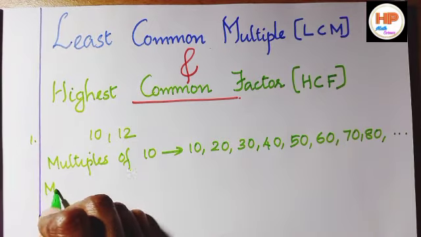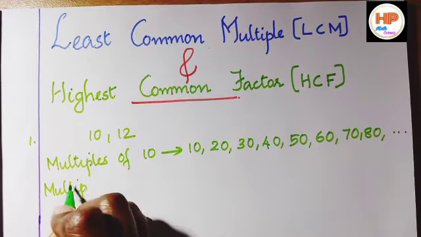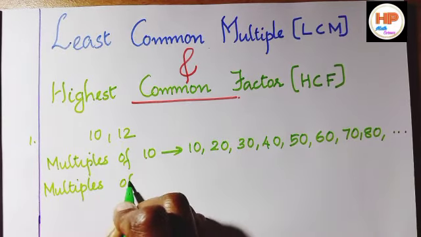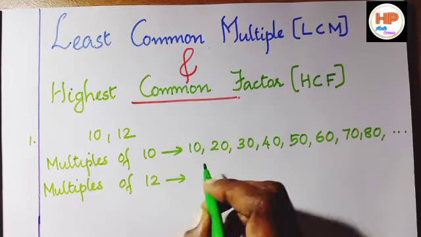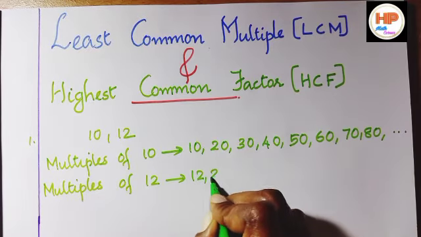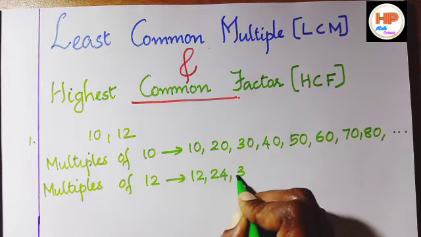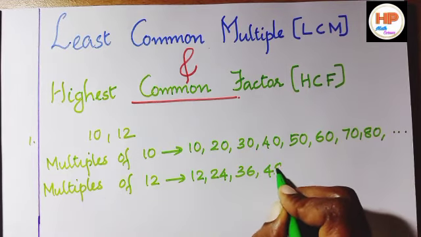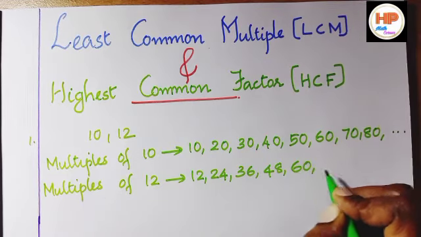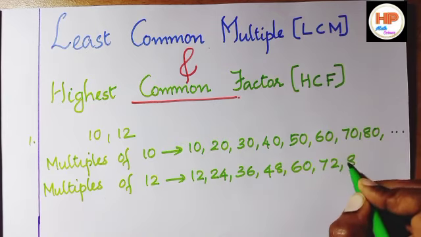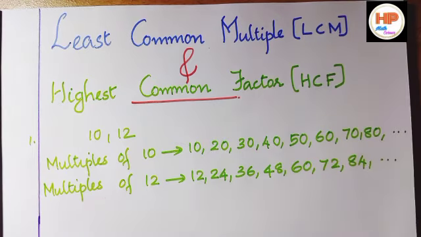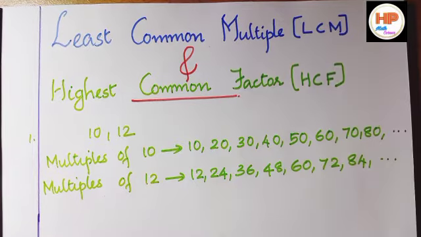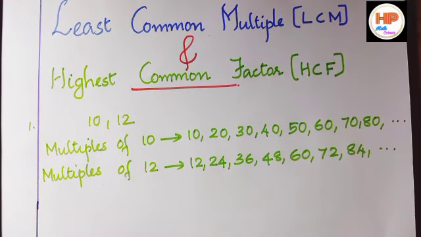Again, multiples of 12 are 12, 24, 36, 48, 60, 72, 84 and so on. We got the multiples of 10 and 12.